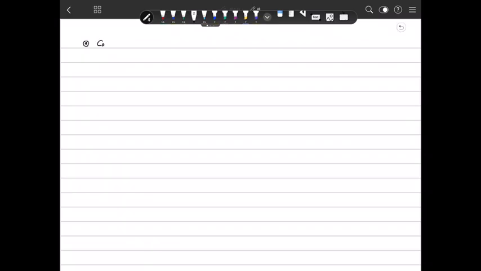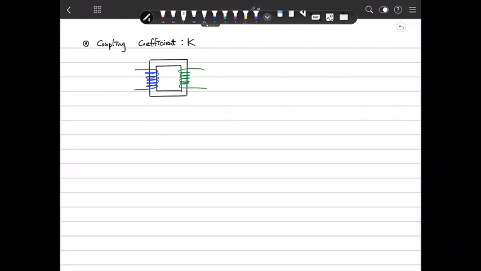We want to discuss the coupling coefficient. We have a core that simply looks like that. The primary coil is wound like that, and the secondary looks like that.